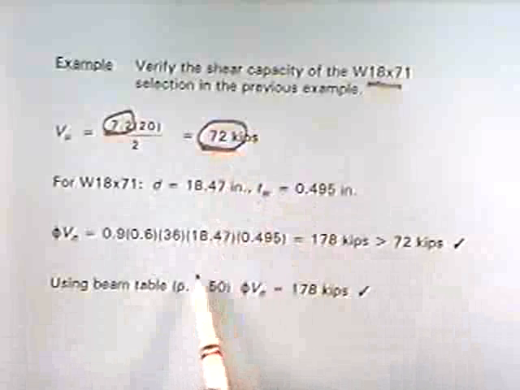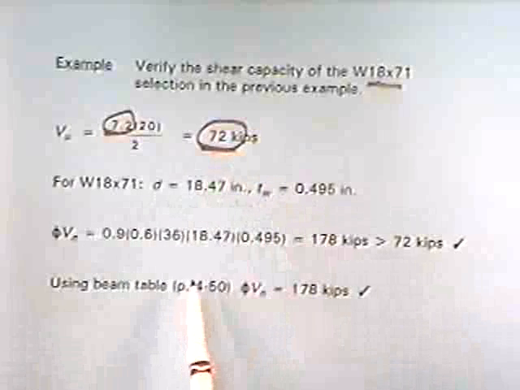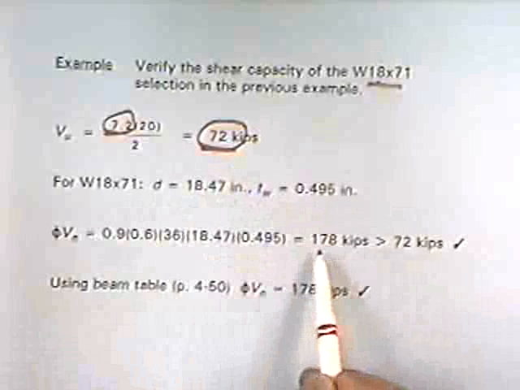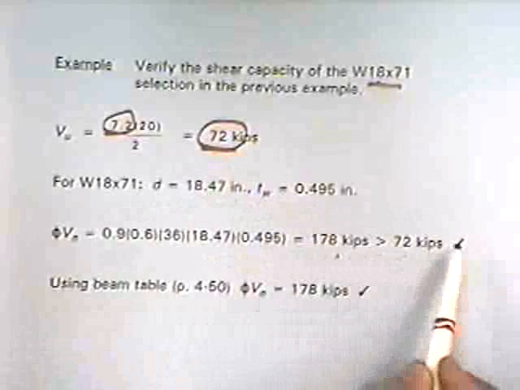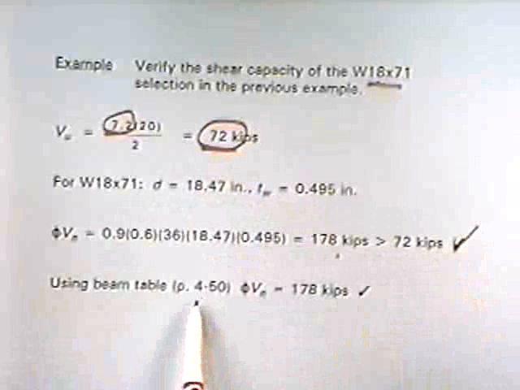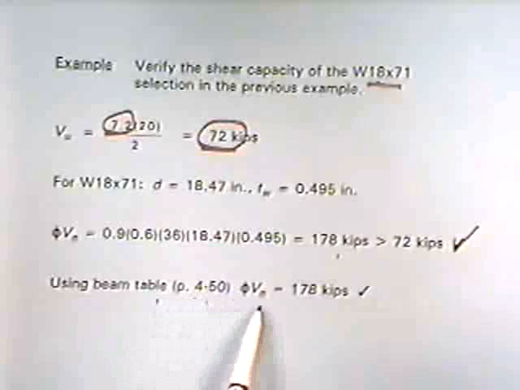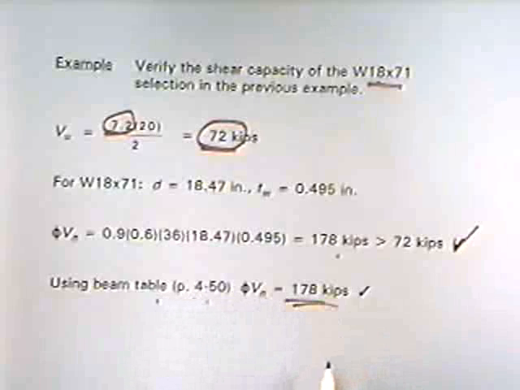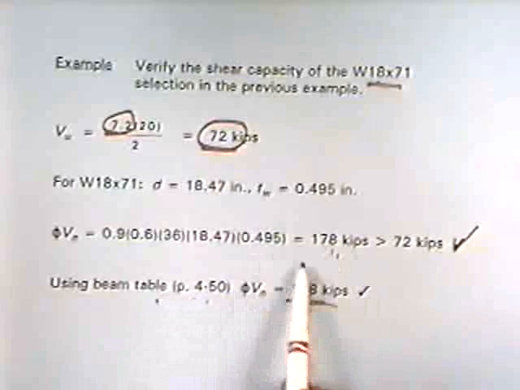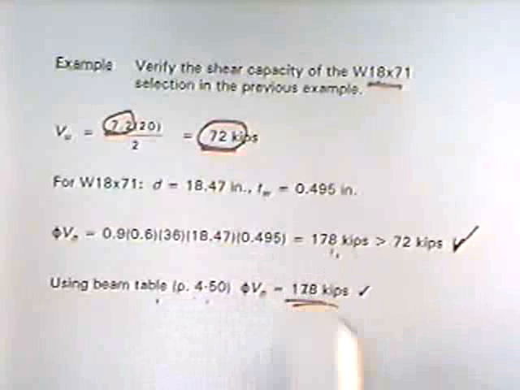The shear capacity, running through the numbers using the section properties, comes out to be 178 kips, so we're okay. We don't have a problem. If we use the tabular value, which happens to be on page 4-50, it also gives us the same thing, which it should, because that's how they get those numbers.